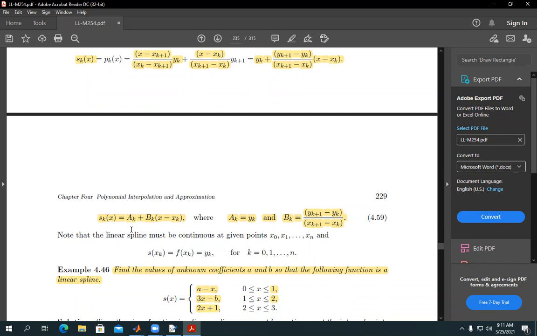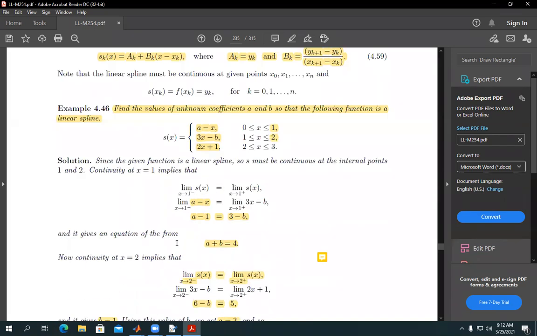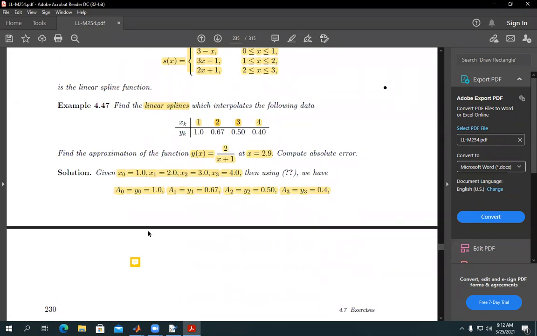So first you put k equal to 0. What is k equal to 0? You have S0(x) equal to a0 plus b0 times (x minus x0). And here I calculate the values. What is a0? It is f(x0), or y0.